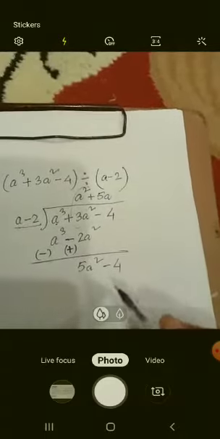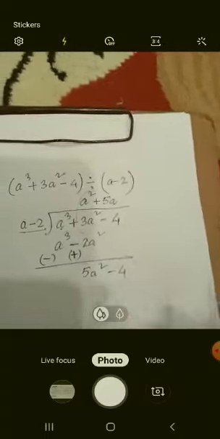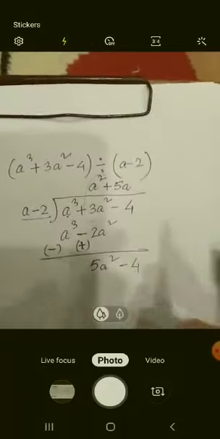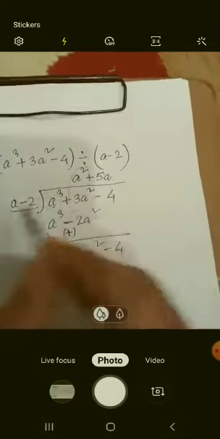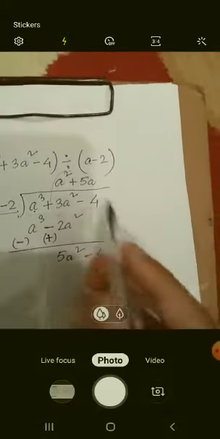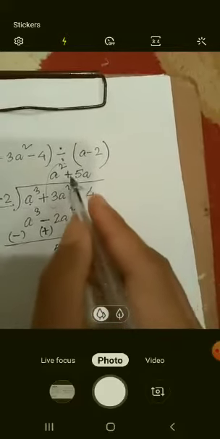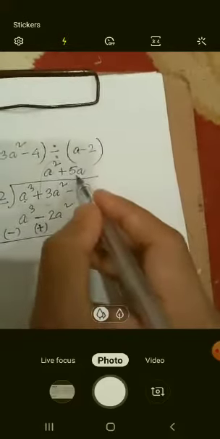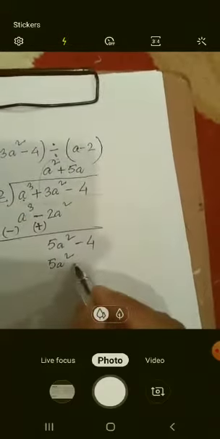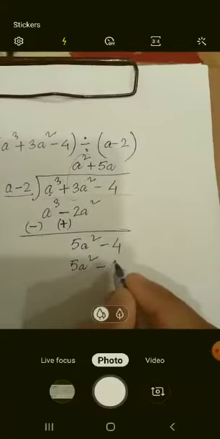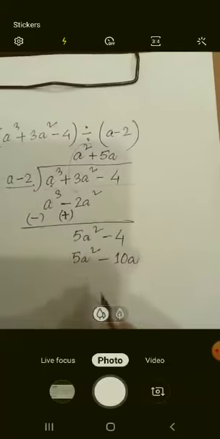Now let's repeat the first step of multiplying that term by the whole divisor and writing it below. So we have 5a times a and 5a times minus 2. 5a times a is 5a square, and 5a times minus 2 is minus 10a.